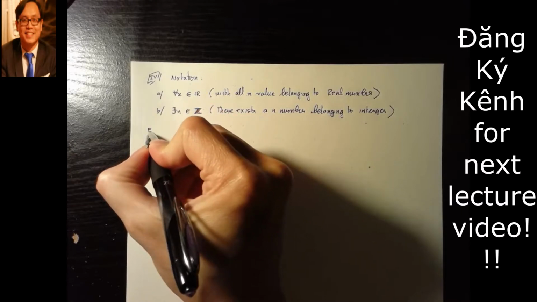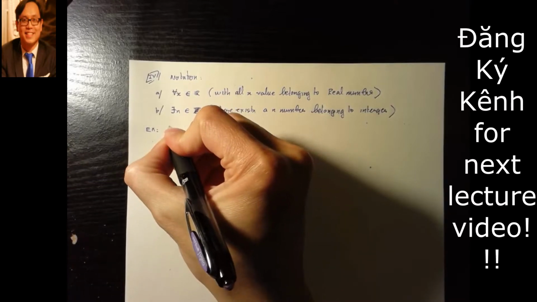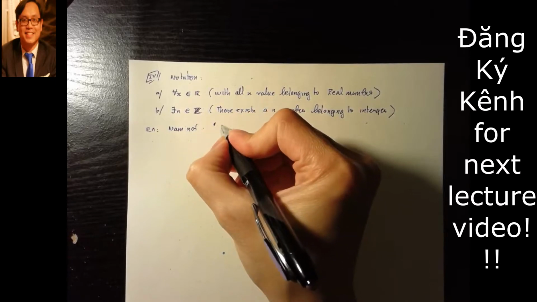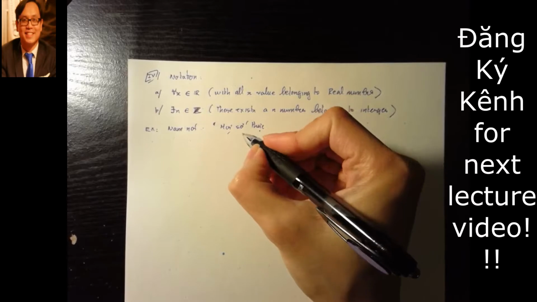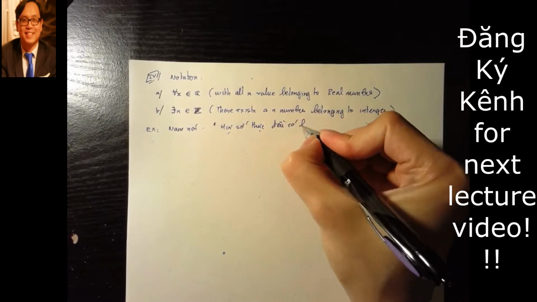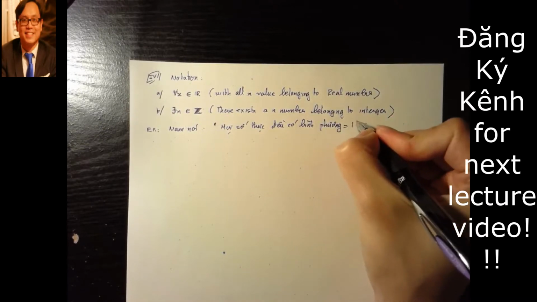Okay, ví dụ như là chẳng hạn như trong cuốn sách, Nam nói mọi số thật đều có bình phương bằng 1.